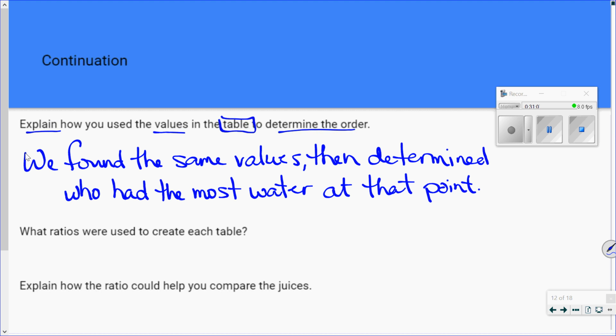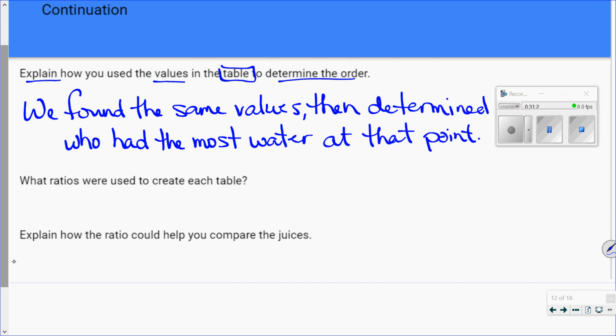Was that what we used? No, we had to say at a common point, who had the most water. Make sense to everybody? Is there anybody that doesn't understand that? Okay? Again, it has to do with reading the question and understanding what we're being asked.